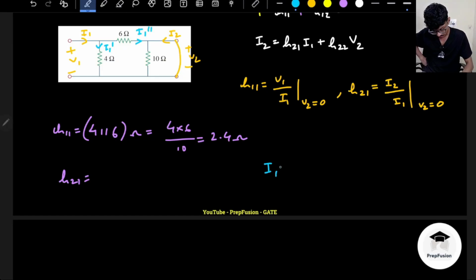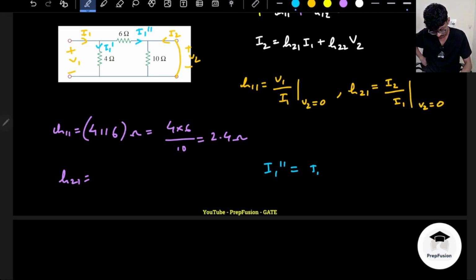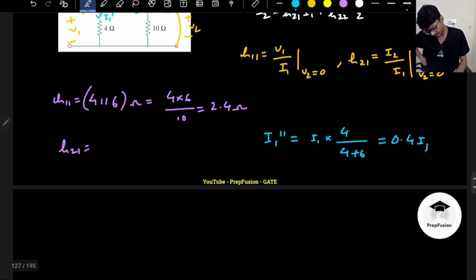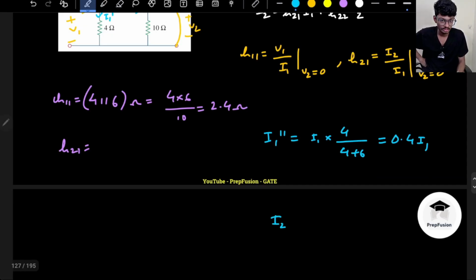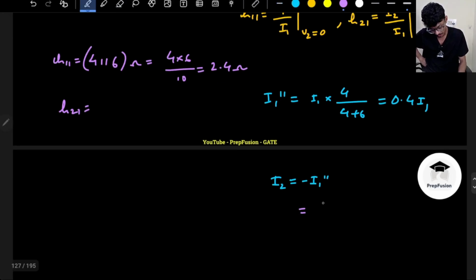I1 double dash will be equal to the opposite resistance over the sum, that is I1 into 4 divided by 4 plus 6, current division rule. So this will be 0.4 into I1. Now keep in mind that your I2 is not exactly equal to I1 double dash. Your I2 is the negative of I1 double dash, so I2 is minus 0.4 I1.